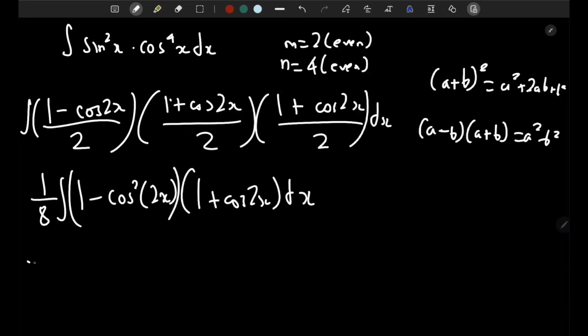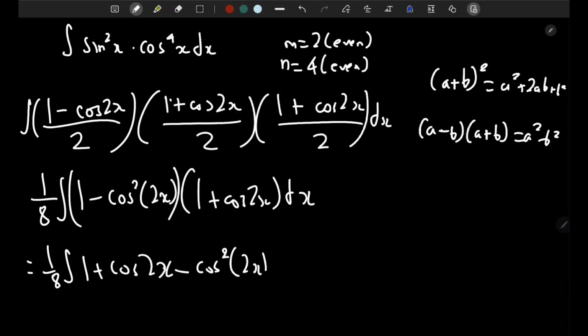So here we simplify the equation, we just distribute and multiply, so it's going to be 1 plus cosine 2x minus cosine squared 2x, and minus cosine cubed 2x dx.